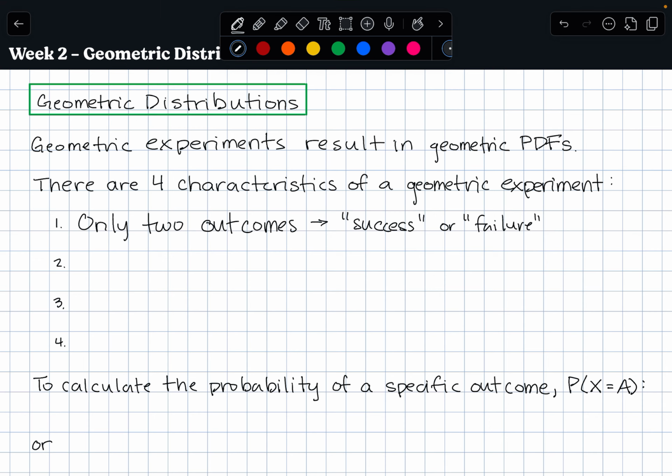The next is that the trials are independent of each other. The third is that the probability of success is the same for each trial.